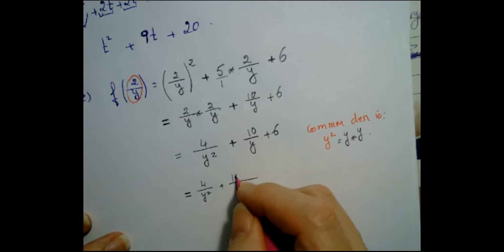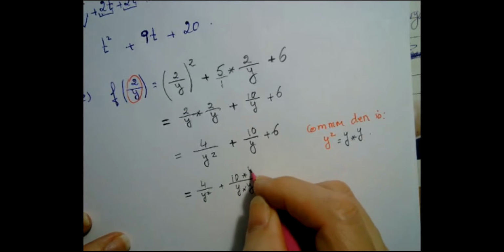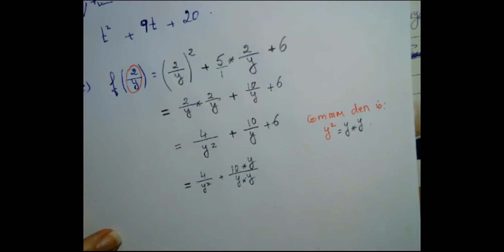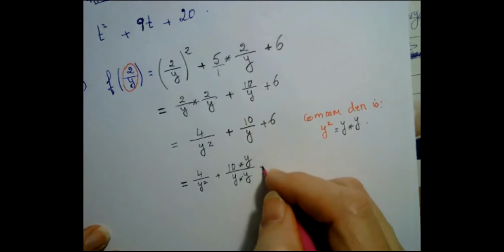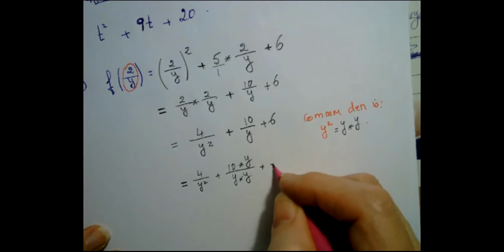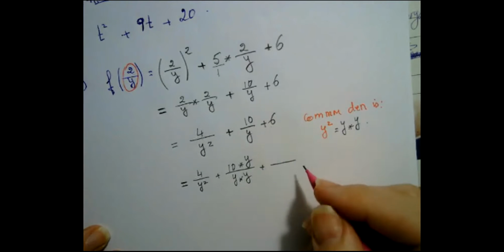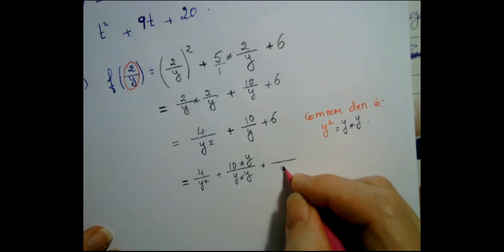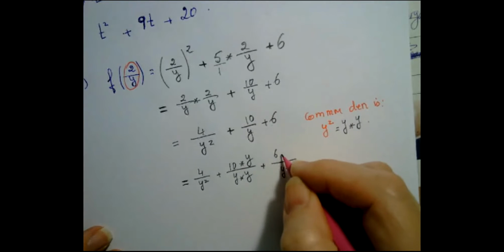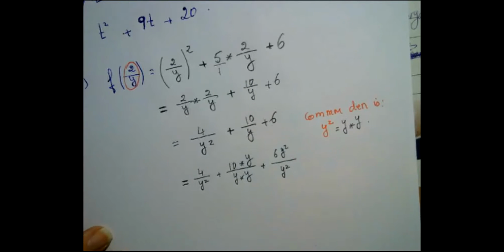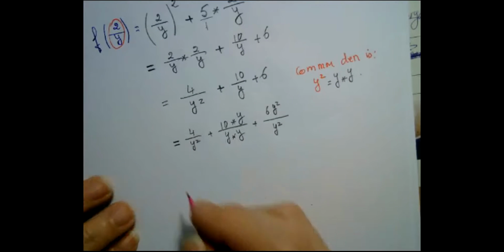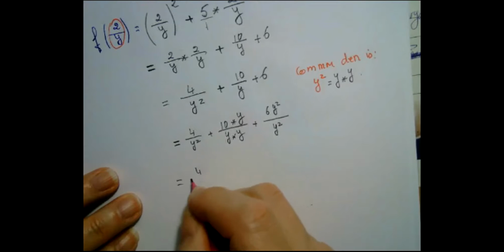And how about the last term? The last one, you're going to multiply by y squared over y squared. So it's going to give me 6 y squared. Now I have this common denominator.